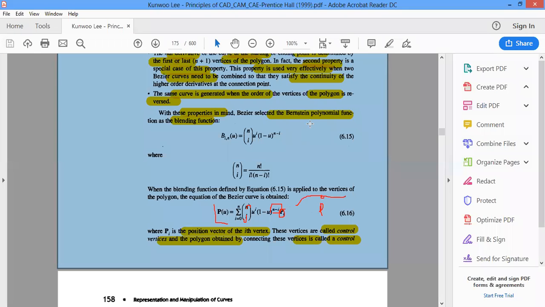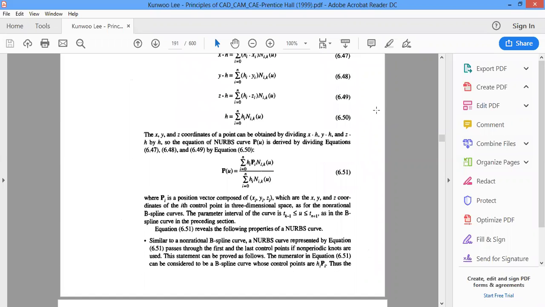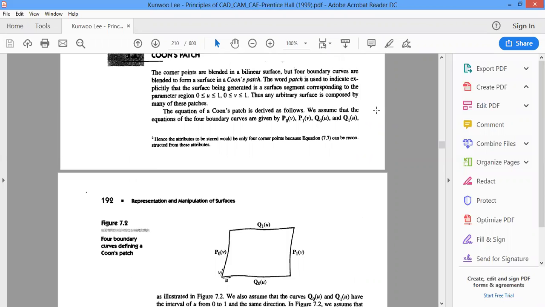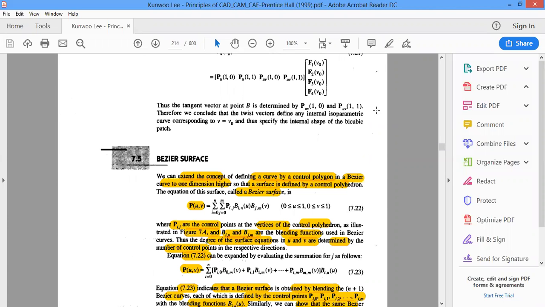Right. Okay, so just again. Yes. So now if you look at this, p of u comma v, as I said, if we take only the u direction, sigma i equal to 0 to n, okay, right?